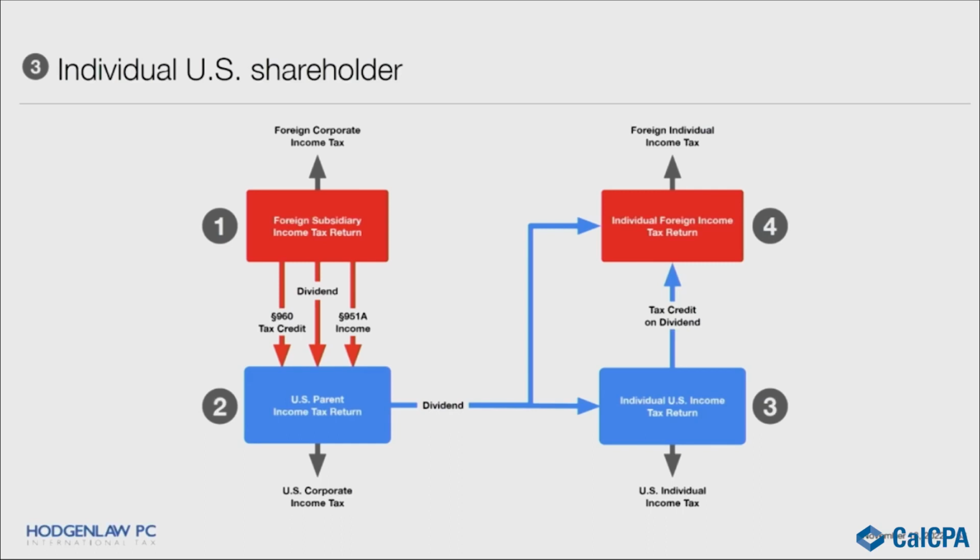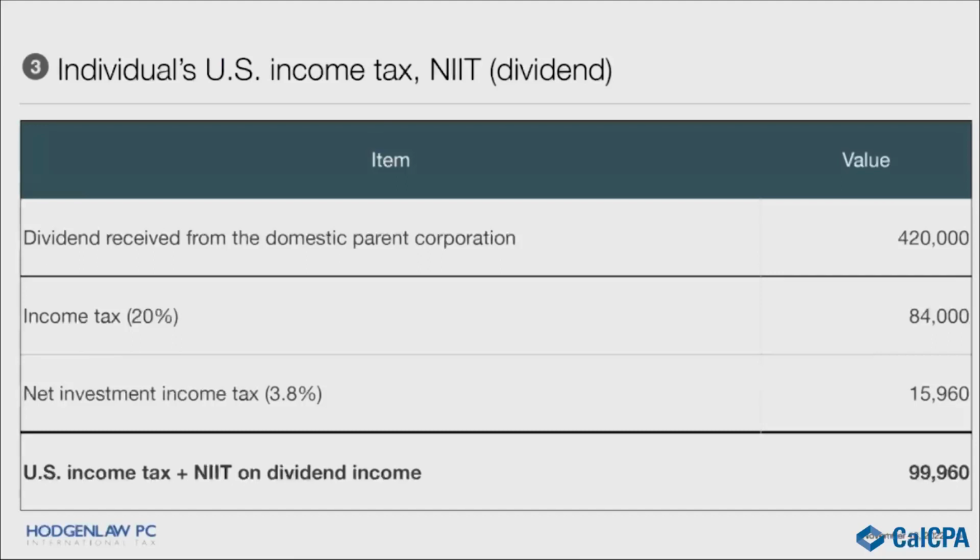We had a $63,000 liability, we had a $63,000 indirect foreign tax credit, net payable zero, and $420,000 in the bank, which we are now going to pay out as a dividend. And let's see how that dividend hits the foreign individual income tax return and the US individual income tax return and how it all nets out.